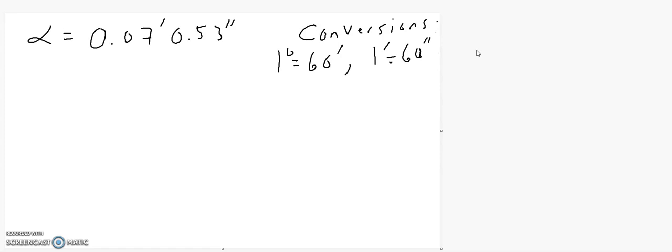You could also write that 1 degree is 60 arc minutes, but it takes longer to write that. And of course, 1 arc minute is 60 arc seconds, but again, that takes longer to write.